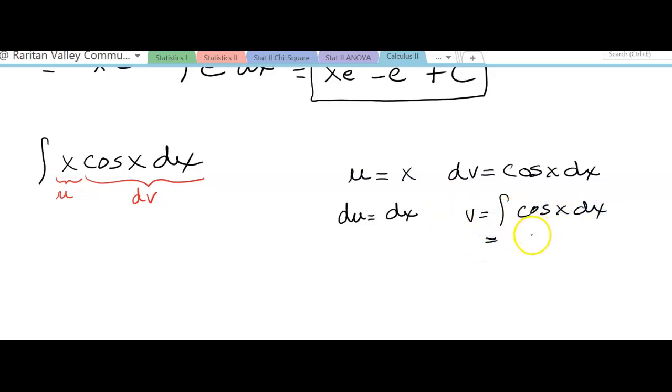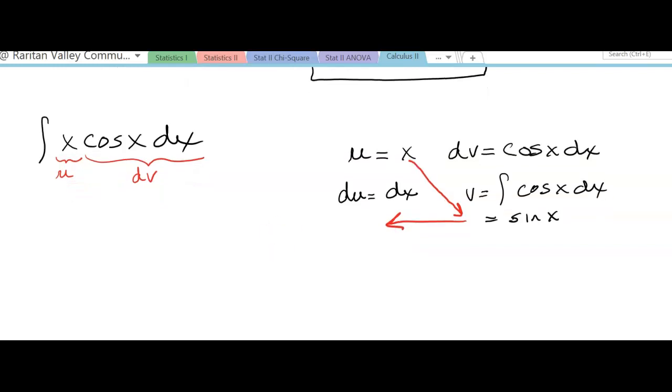So v equals sine x. All right, so it goes here to here, and then here to here. If you just do that, you don't have to think about it. You don't have to memorize the formula. Makes it kind of easy.